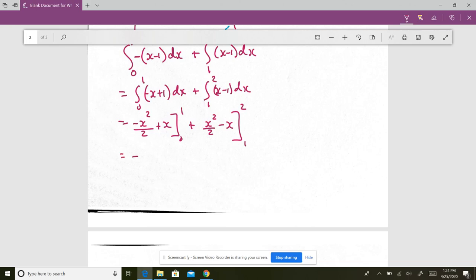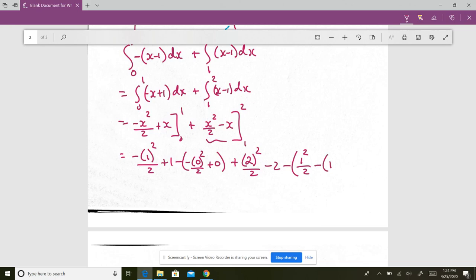Put in the 1 first, so I get negative 1 squared over 2 plus 1, minus the 0, which is nice because everything goes away, so I'll write it in anyway. So there's the first bit, plus then the second bit, 2 goes in, minus, just watch your negatives here, people, 1 squared over 2 minus 1.